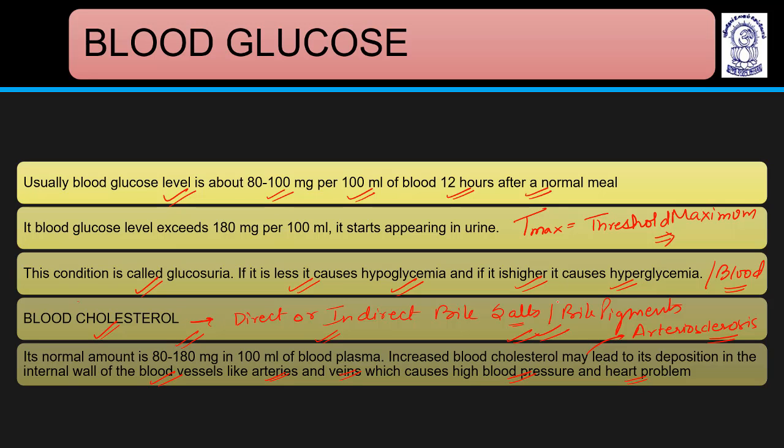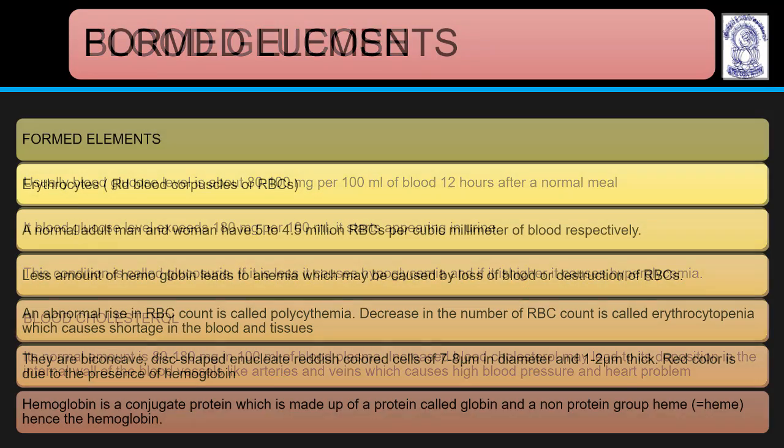Bile salts are basically associated with the absorption of triglycerides. So direct or indirect bile salts change in amount in the blood because of change in fat metabolism.